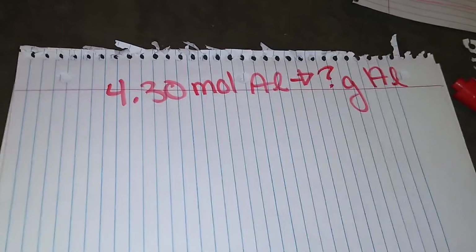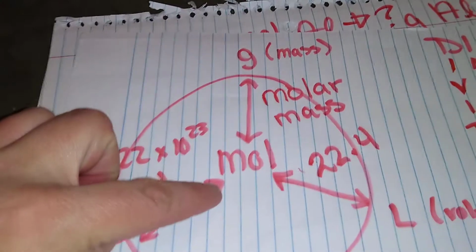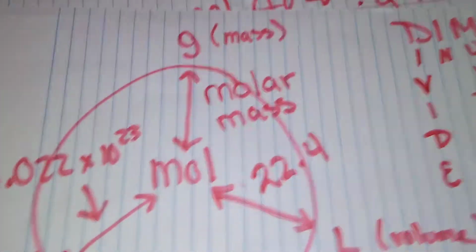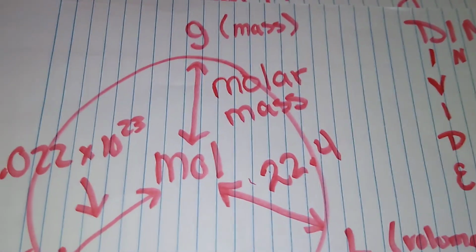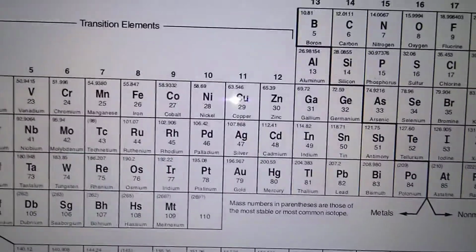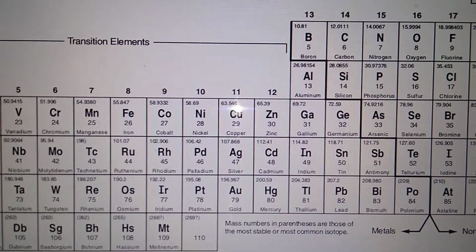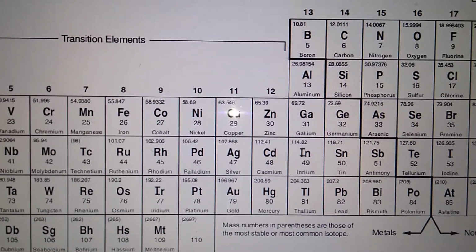Well, in order to get from grams to moles, we have to know our molar mass. So molar mass is what we get off the periodic table. Aluminum is, and we can round it to the nearest whole number, which would be 27.